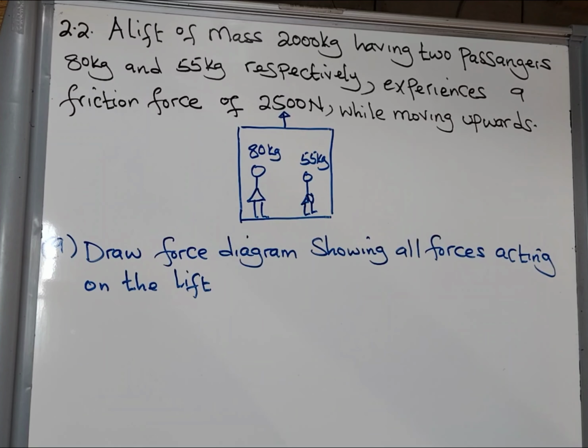Okay, tonight we are looking at this question. It comes from Work, Energy and Power. It says that a lift of mass 2,000 kilograms, having two passengers of 80 kilograms and 55 kilograms respectively, experiences a friction force of 2,500 newtons while moving upwards.